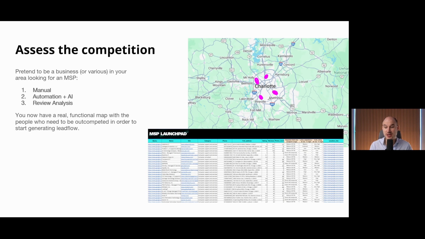And then number 3 is, let's really map the competition, because when people purchase anything, they're going to compare options. That's also what your prospect is going to be doing, right? Your prospect wants to find an MSP. They're going to find 50 of them. So let's figure out who those 50 MSPs are, right? Because if we know who they are, then we can do better.